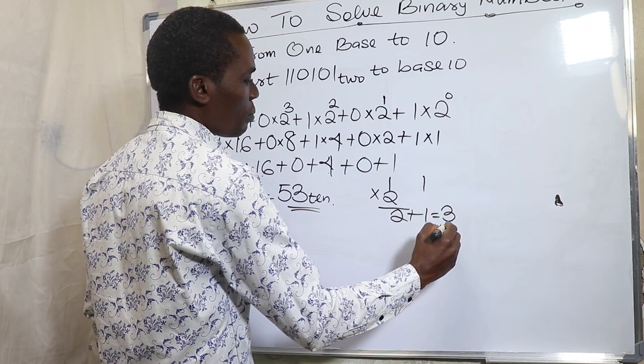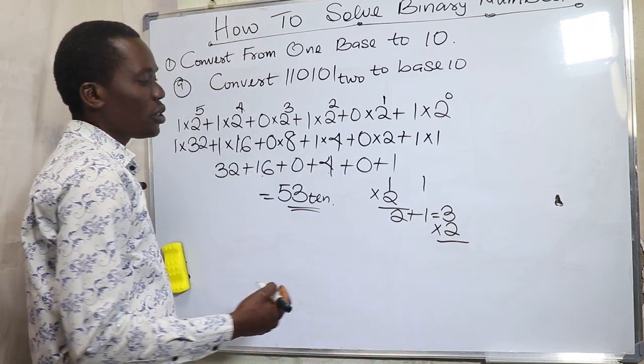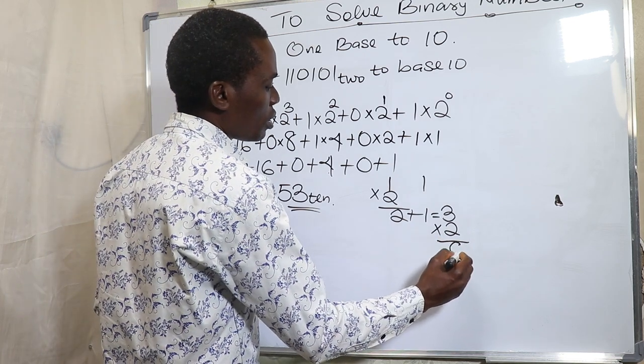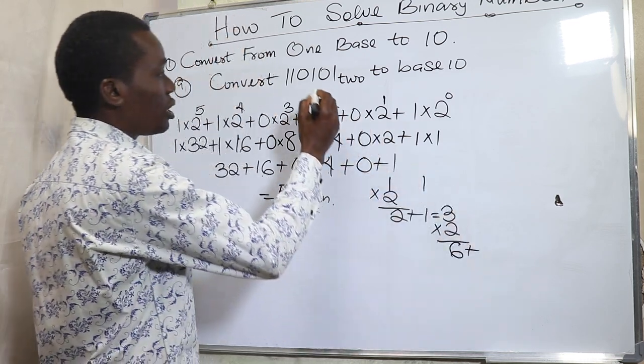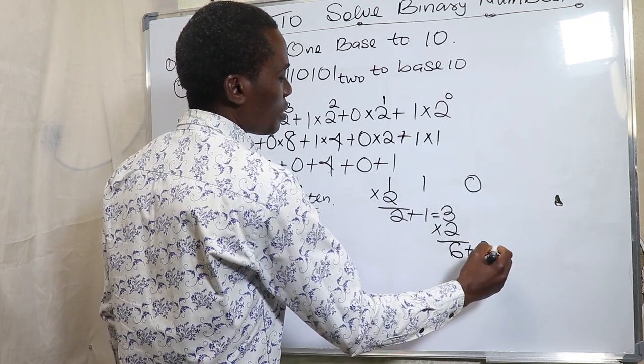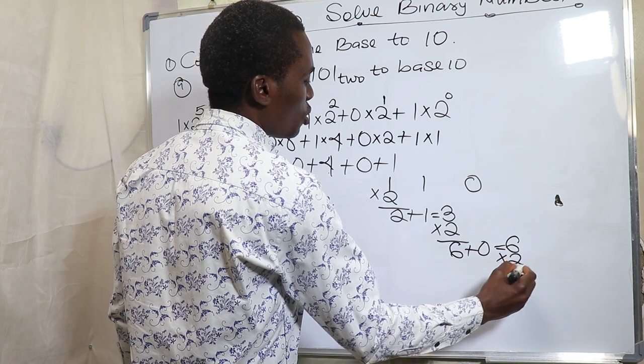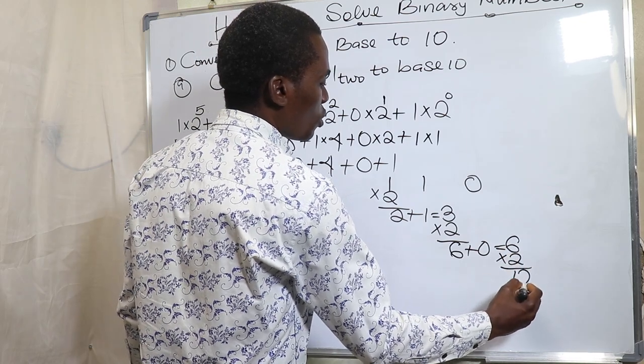That 3, I'll multiply it by 2, right? That's why we call it successive multiplication, and that will give me 6. Then I'll add it to the next number, which is 0, right? 6 plus 0 is going to give me 6. I'll multiply 6 by 2, and that will give me 12.